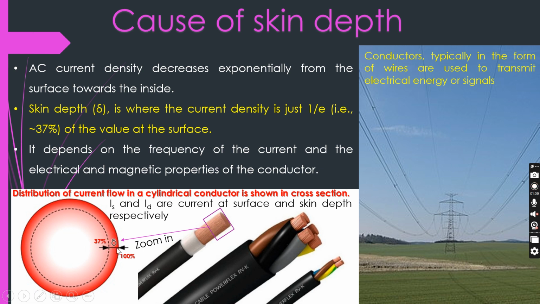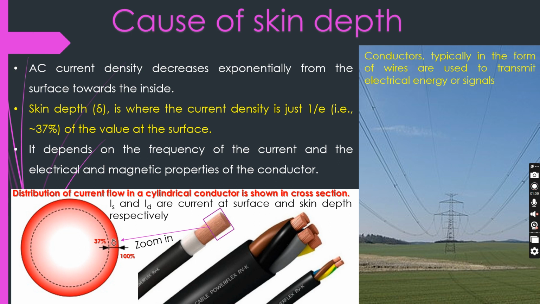That particular depth from the surface of the wire inside the material, when it becomes 37%, in terms of delta will be regarded as skin depth. So AC current density decreases exponentially from the surface towards the inside, and skin depth is where that current density is just 1 by e, that is 37% of the value at the surface.